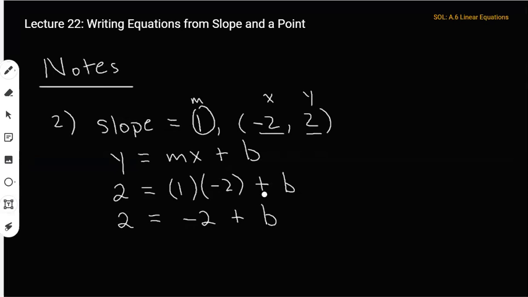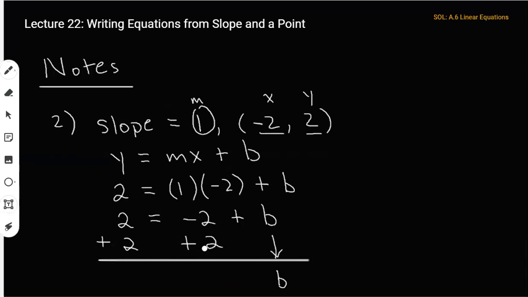So to figure out what b is, I need to get b by itself on the right side. So that means I need to get rid of this -2. So to get rid of a -2, I need to add 2 to both sides.